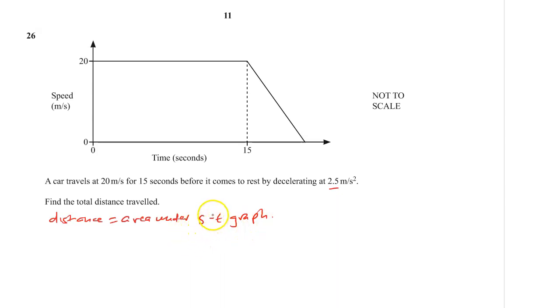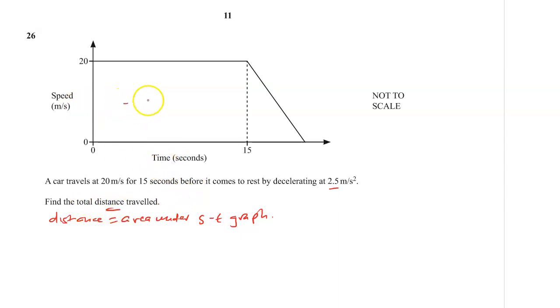So we can get the area. We find the total distance traveled from the speed time graph.